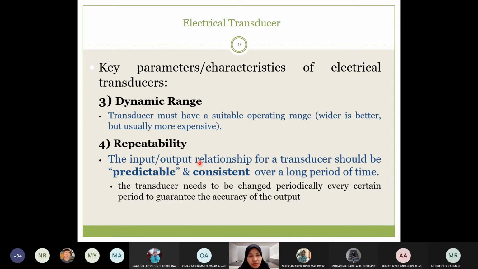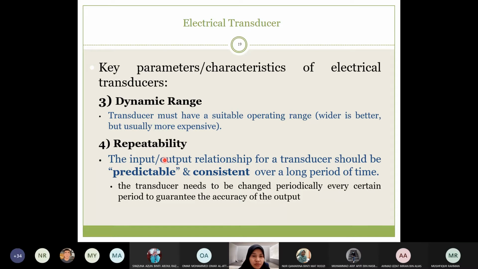Okay, repeatability. The input or output relationship of a transducer should be predictable and consistent over a long period of time. So the transducer needs to be changed periodically every certain period to guarantee the accuracy of the output. So good maintenance of a certain measurement device should consider changing the device every certain period, so that we can guarantee the accuracy of the output.